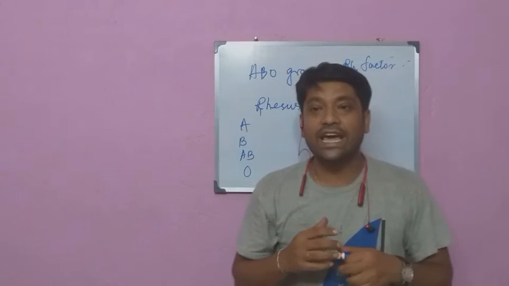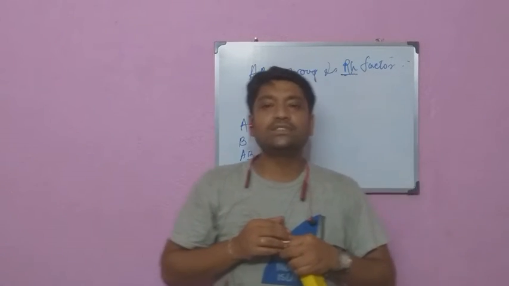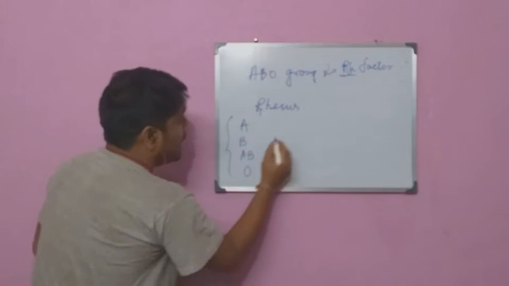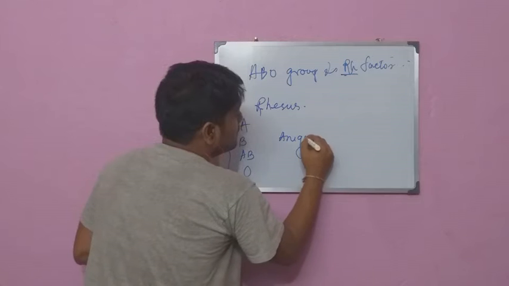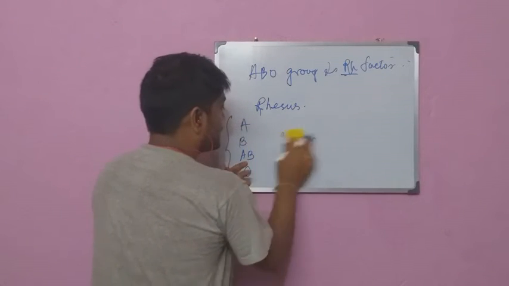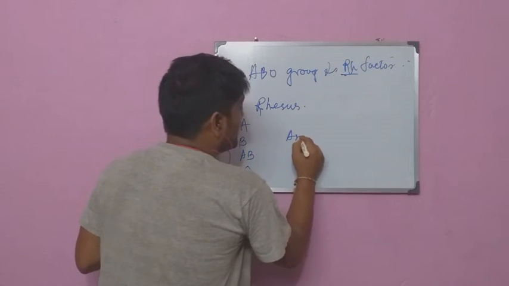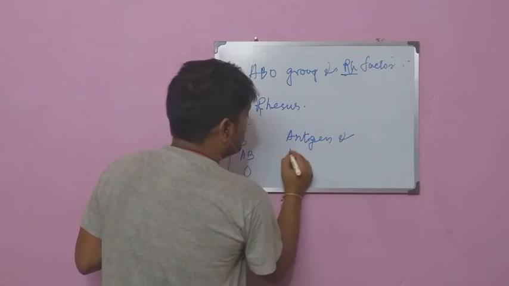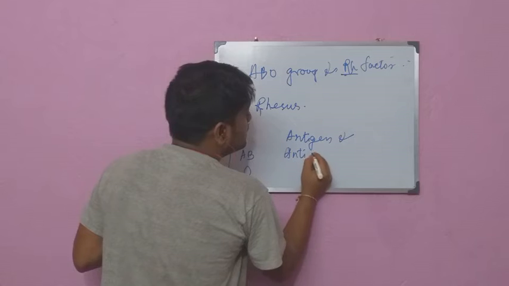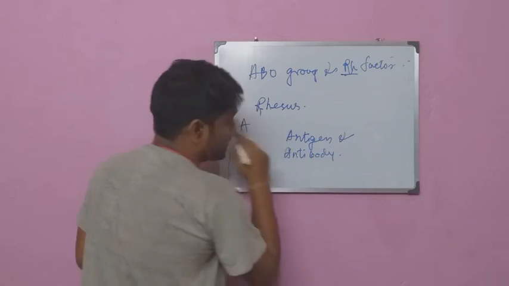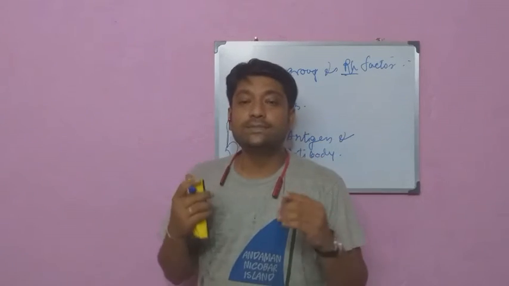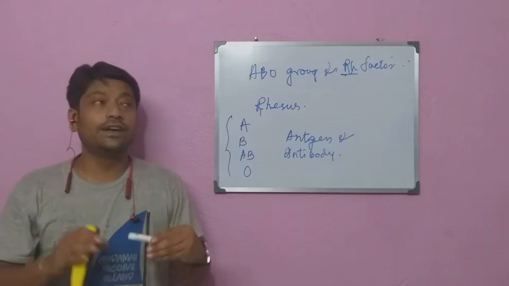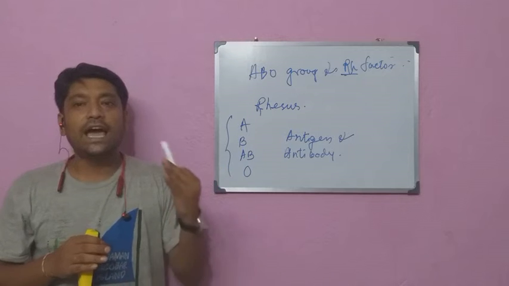These 4 types are mainly based on antigens and antibodies on red blood cells, RBC, and in the plasma.